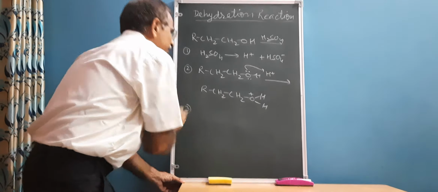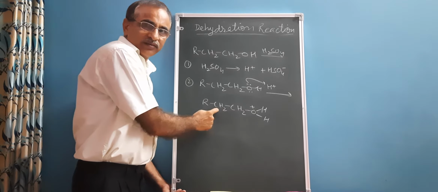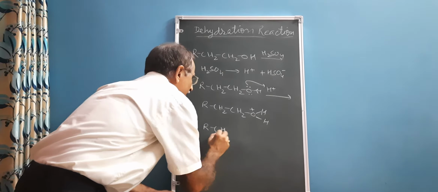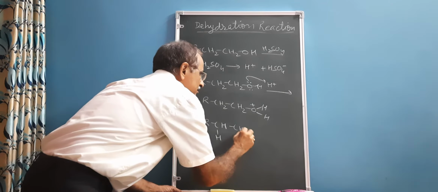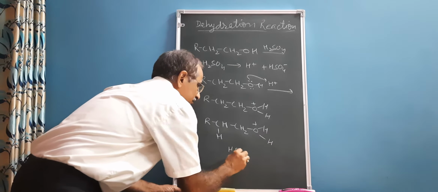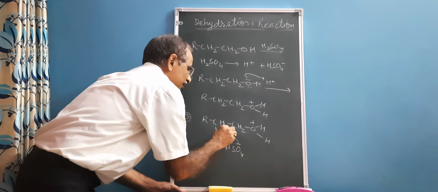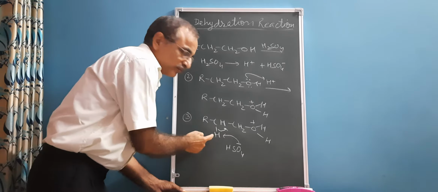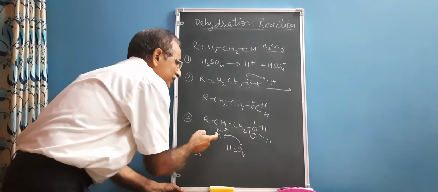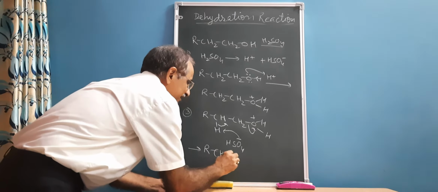Now in third step, removal of proton from this second carbon atom of this alcohol will take place. Here HSO4 minus will approach this hydrogen and there is cleavage of the carbon hydrogen bond, and that results in loss of this hydrogen as well as water and formation of this alkene.